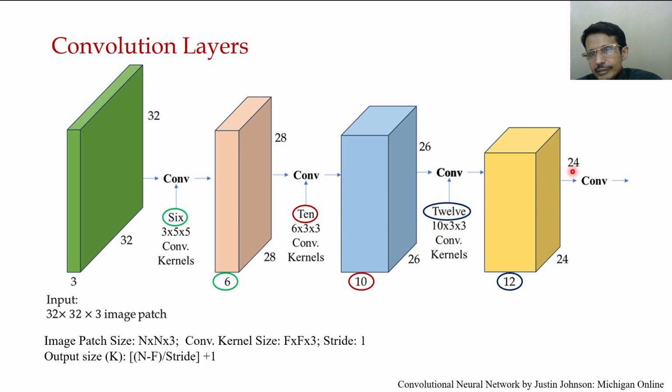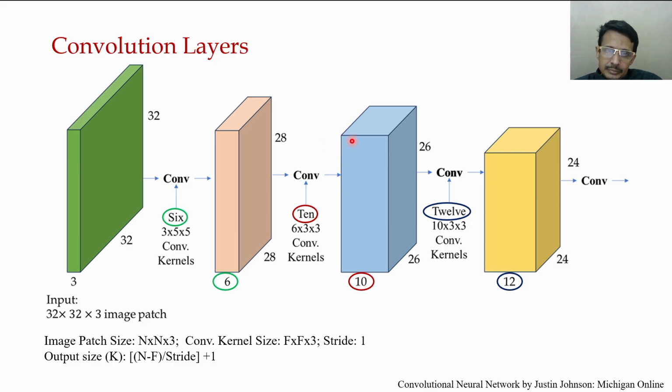So it becomes 24 because of this 3 × 3, and 12 such filters are used, so the depth becomes 12, and so on. In this way our convolution works in successive layers of a convolutional neural network.